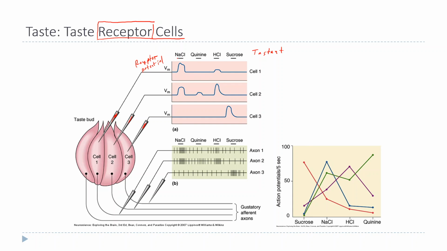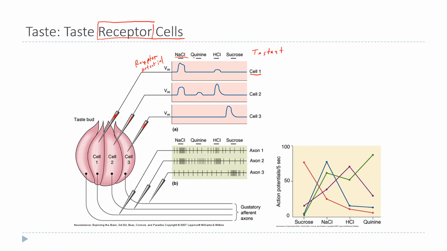So for example, here they're using sodium chloride as the tastant. Again, sodium we usually associate with the sense of saltiness. And in this experiment, what they're showing is that this cell here, what they're calling cell 1, is depolarized. So the membrane potential becomes more positive when sodium is applied. Same with cell 2 here, so it also becomes depolarized.